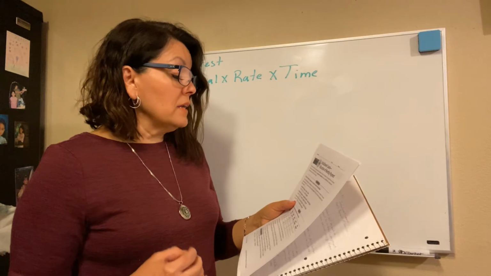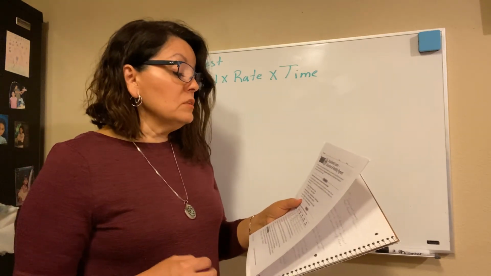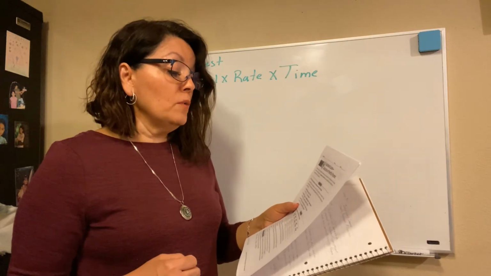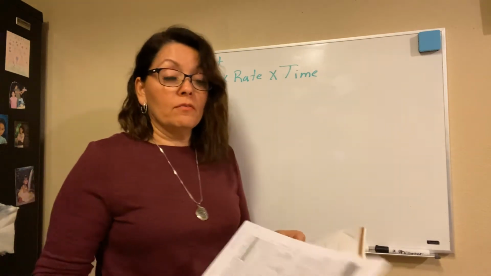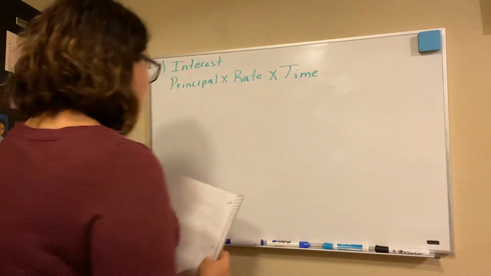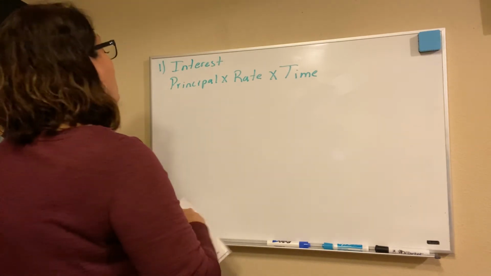The annual percent rate is 7.5%, and the monthly payment is $116.82. Show the calculation of the first month. So we're not going to do all the months, we're just going to do only one.